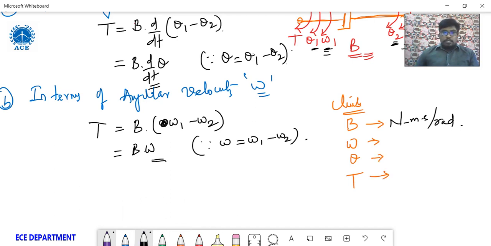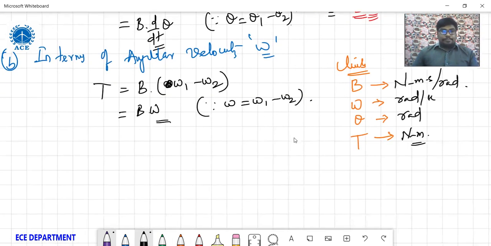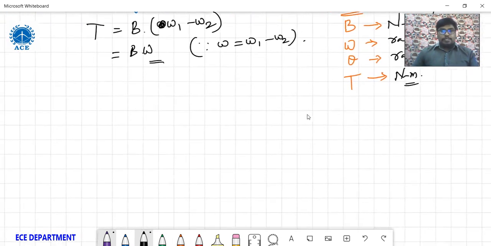Angular velocity is radians per second, displacement is radians, and torque is Newton meter. These are the units. Second term also completed.